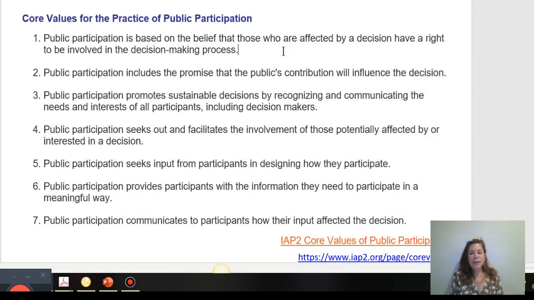It says public participation is based on the belief that those who are affected by a decision have a right to be involved in the decision-making process. I would contend that based on what we have read today, they have more than a right to be involved.